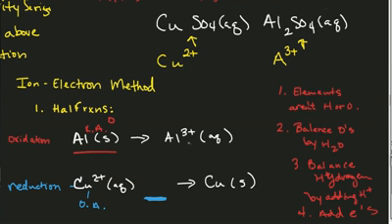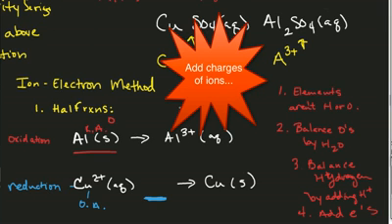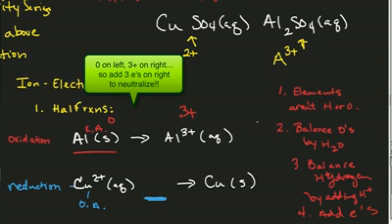What's the charge on the right side? 3 plus, she says. And then how many electrons do I need to add in order to get the same charge on both sides? Yes, ma'am.